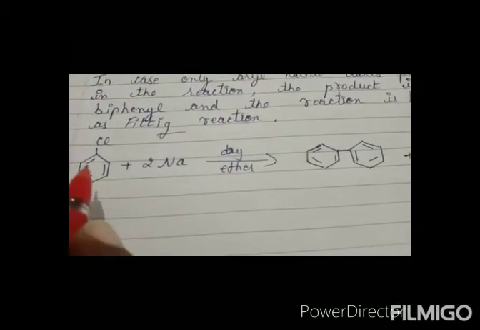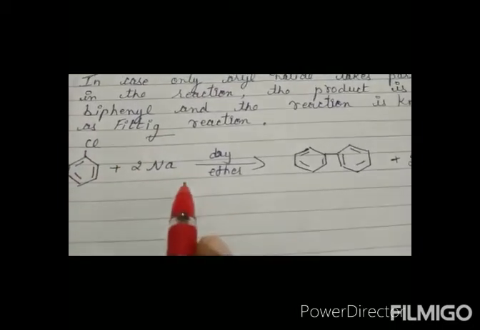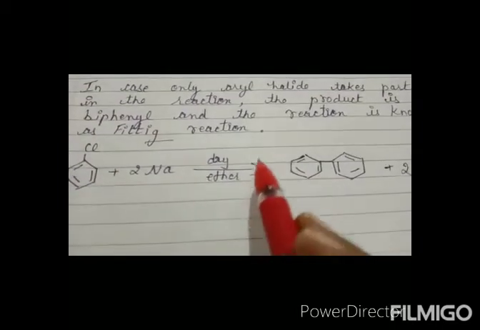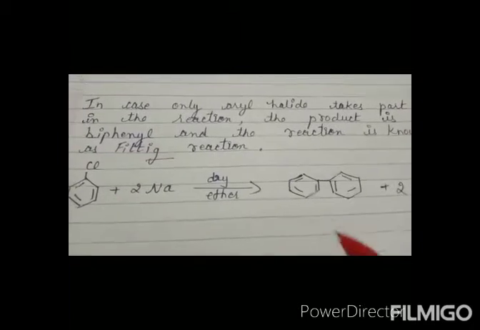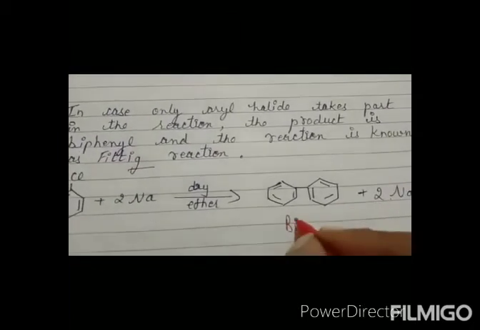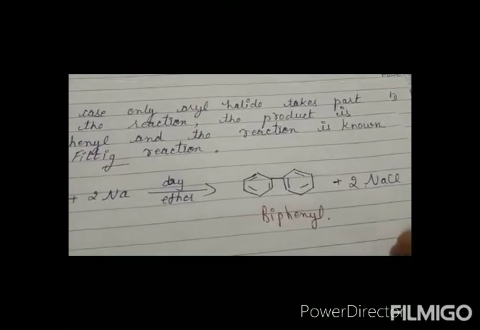Here I am using chlorobenzene. Only chlorobenzene is used in the presence of sodium. This is done using dry ether, and both aryl groups combine to give biphenyl, along with NaCl.